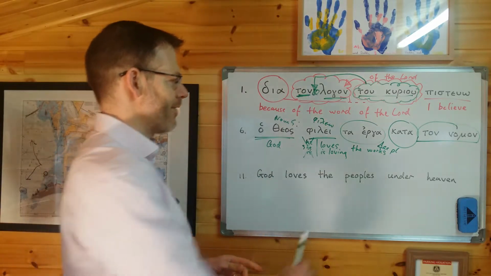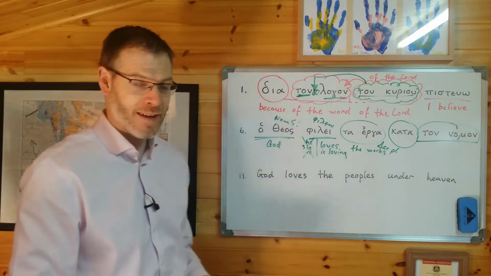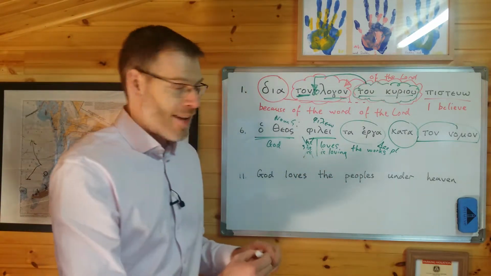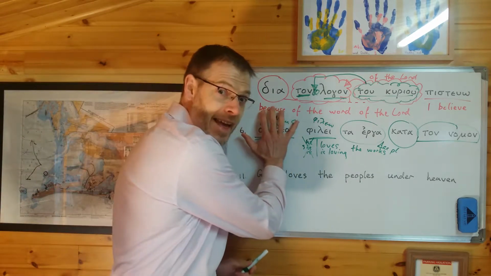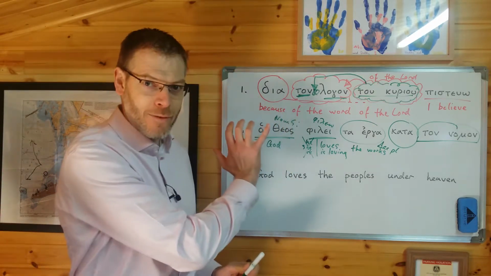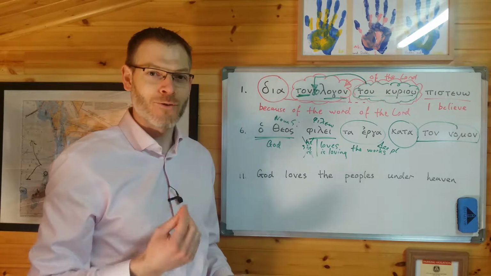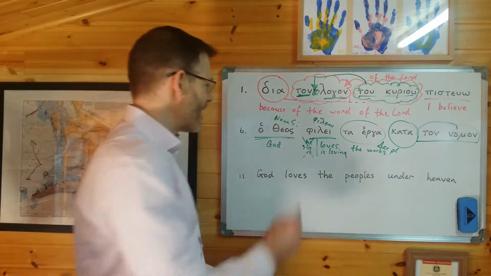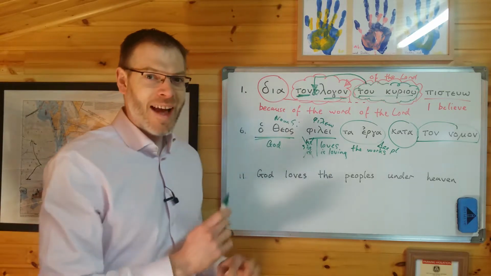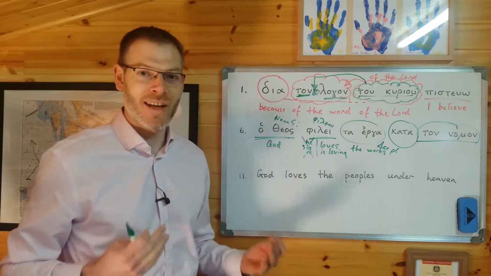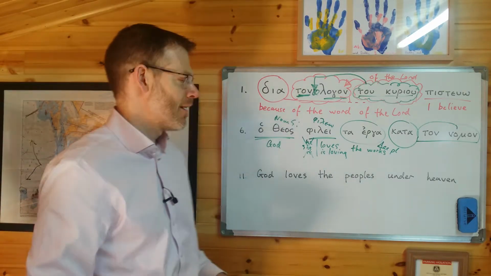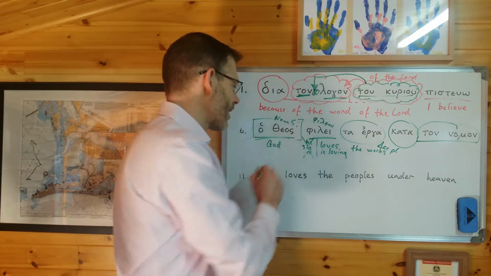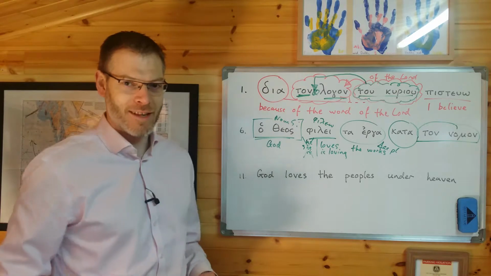Ho theos could be nominative, ta erga could be nominative, and although the verb is singular, ta erga could, if this weren't there, be the subject of the verb because neuter plural nouns take a singular verb. However, because ho theos is here, and ho theos couldn't be anything else other than the subject, that makes it far, far more likely that ho theos is in fact the subject.